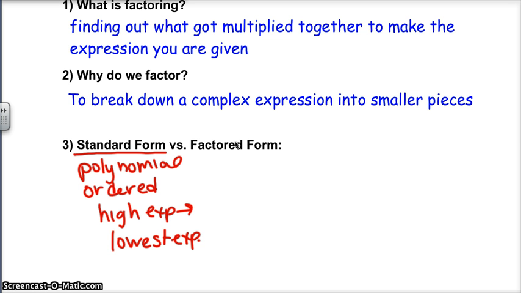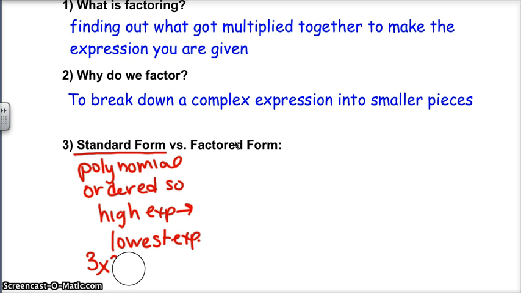So the polynomial is ordered, so the highest exponent goes down to the lowest exponent. So x squared plus, I'm totally making up these problems, 2, 1, is standard form as an example.